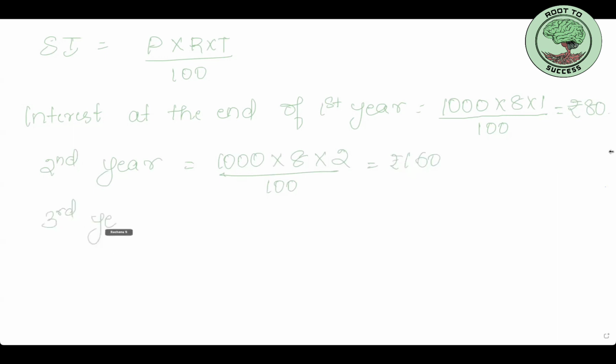And for the third year, it will be 1000 into 8 into 3 divided by 100, which will be 240. Similarly, we can obtain the interest at the end of the fourth year, fifth year, and so on. So the interest at the end of the first, second, and third years respectively are 80, 160, and 240.